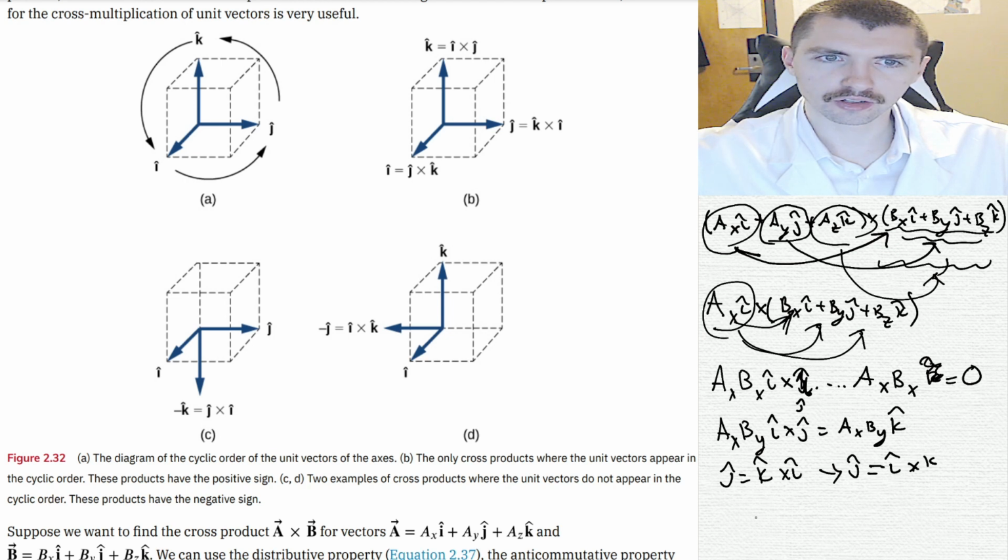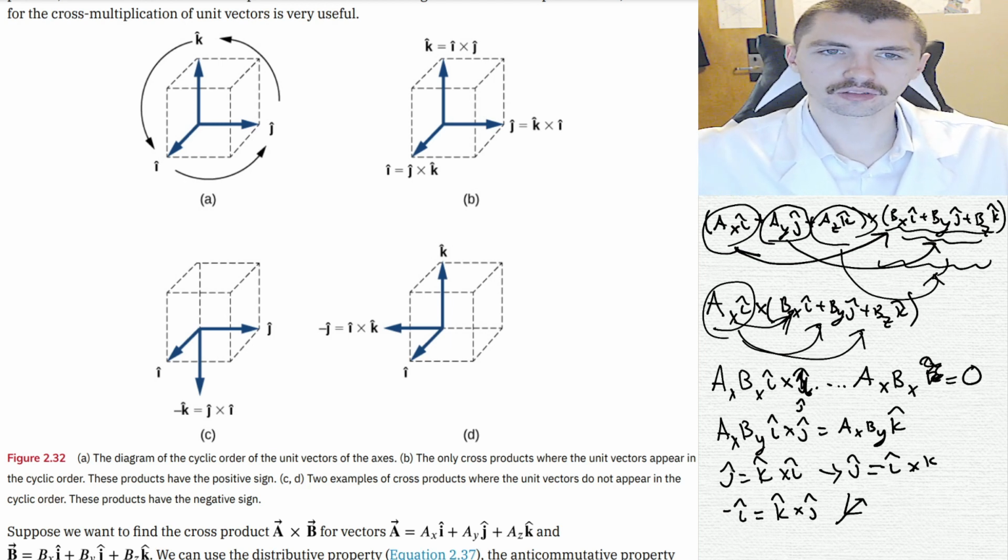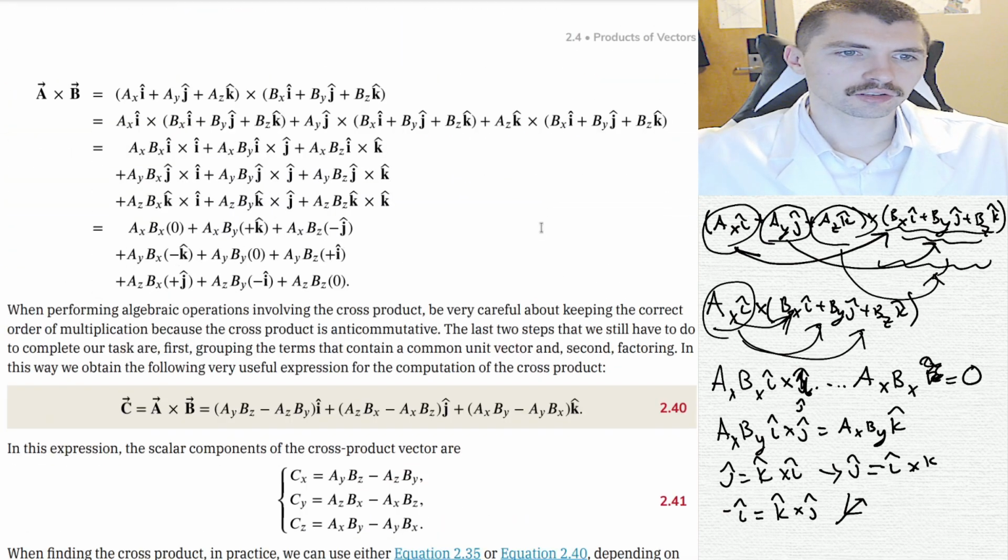So then negative I must be K cross J, which would be something like that. Looking at this B section here. Okay, so there's a lot to this, a lot of algebra rules.